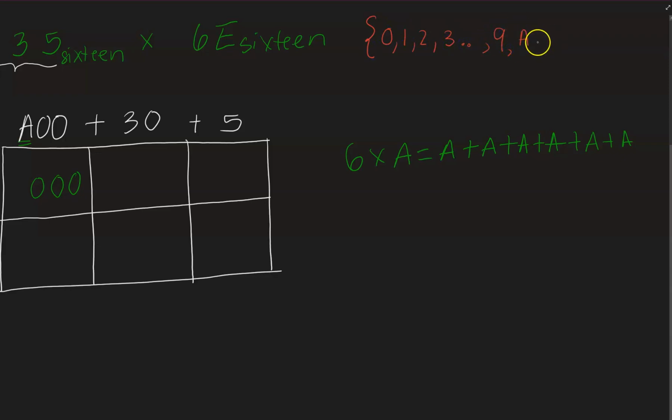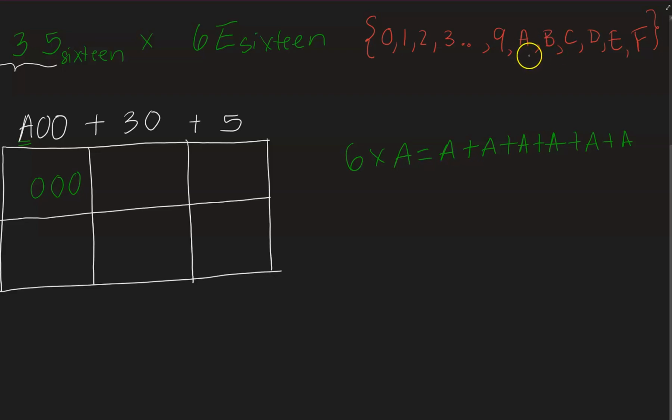And then A, that would be 10, B, C, D, E, right? So let's count again. A is 10, 11, 12, 13, 14, and then F represents 15, I mean. Okay, so how many more to A will make a group of 16?